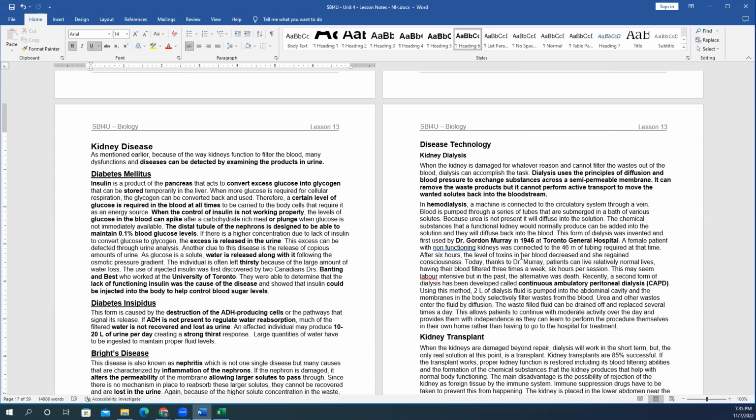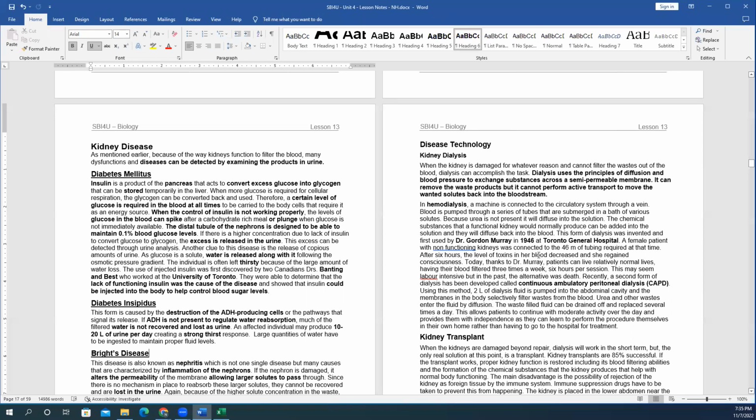Dialysis uses the principle of diffusion and blood pressure to exchange substances across a semi-permeable membrane. It can remove the waste products, but in the way that the kidney itself can, it cannot perform the active transport to move those wanted solutes back into the bloodstream.